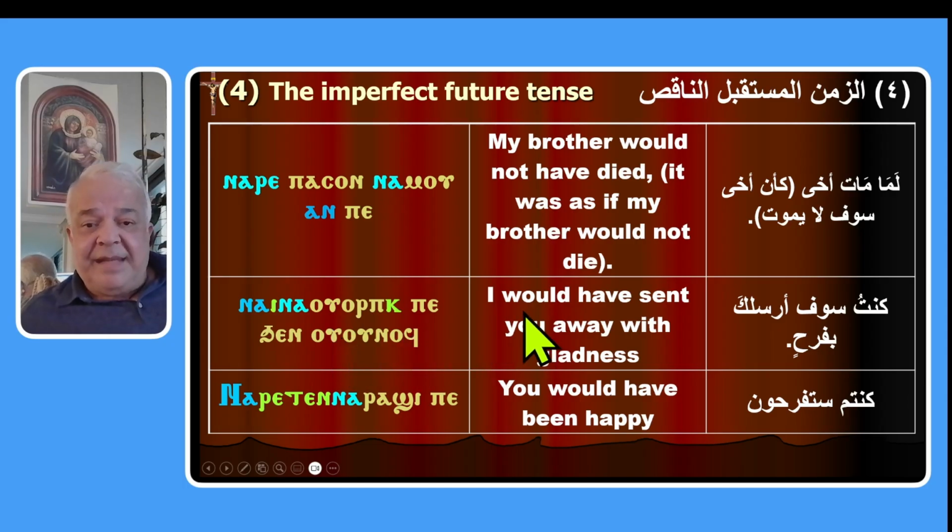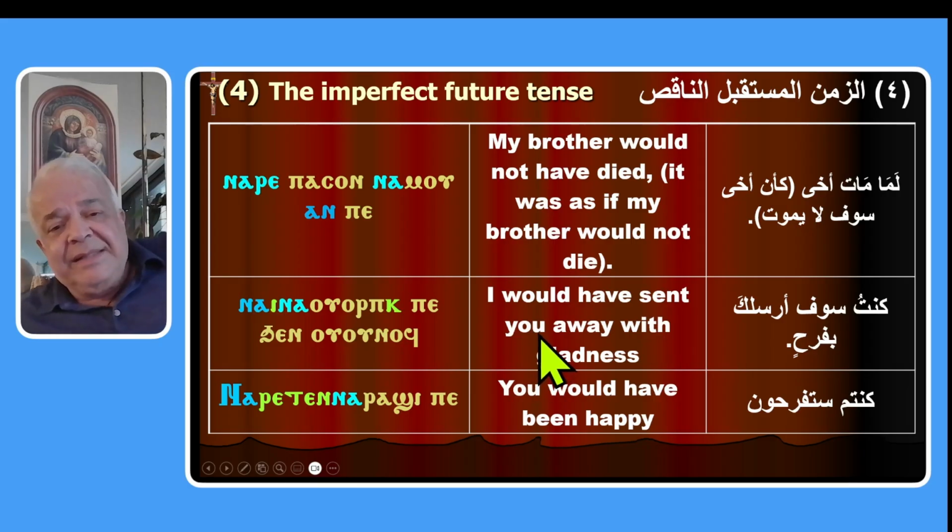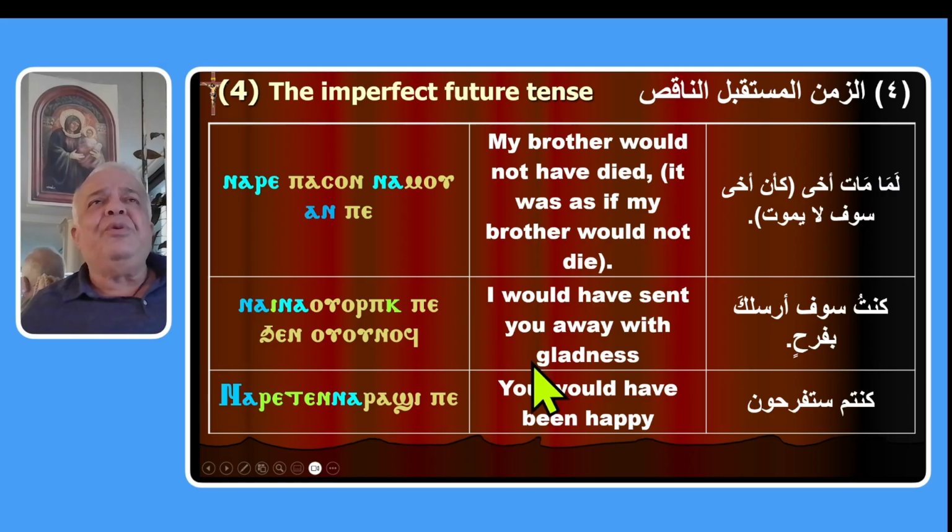Another sentence, I would have sent you away with gladness. This sentence would have been something in the future. I would have sent you happily if you behaved well, for example. So na here for past continuous tense, and the other na, for future tense.